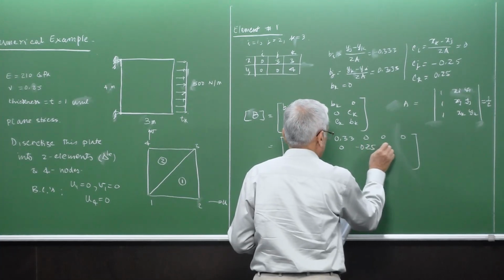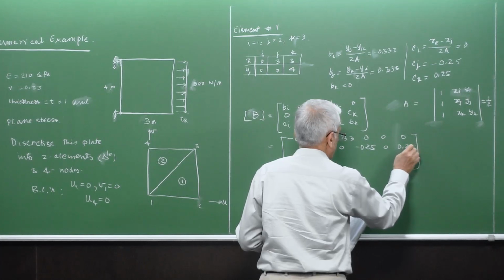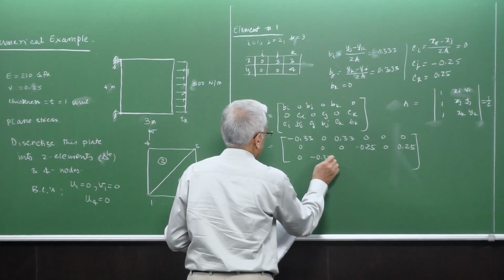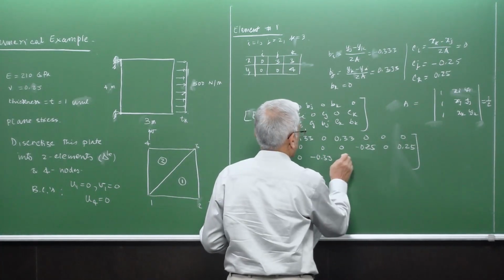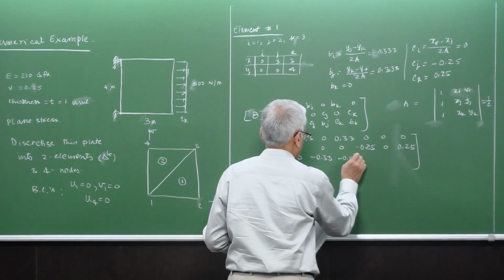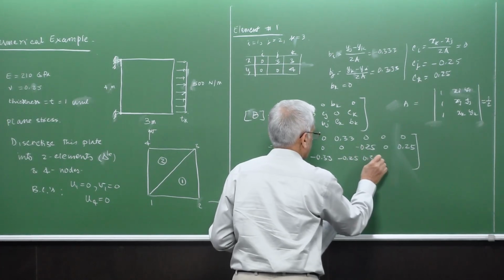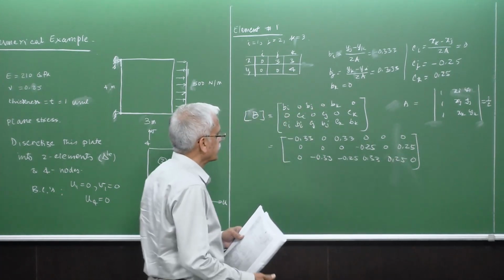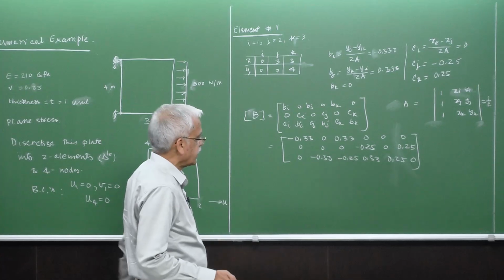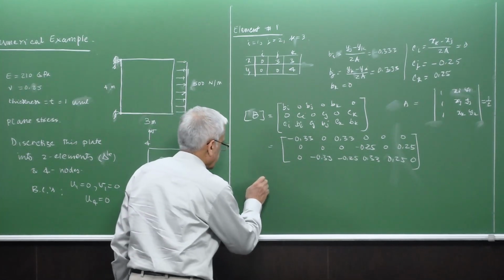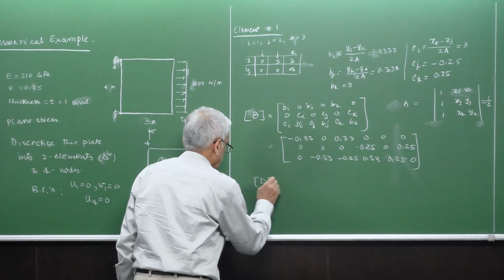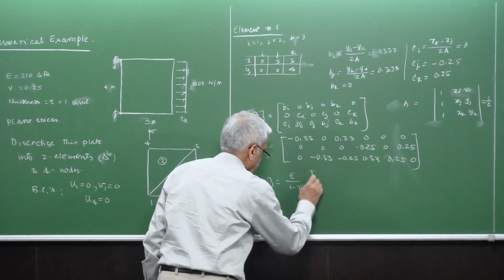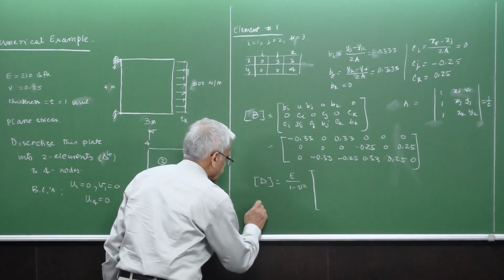Minus 0.25, 0, 0.25, ci, bi, and cj, bj, 0.25, 0. Okay, so this is the B matrix. And then what else we require is D, which is nothing but E by 1 minus mu squared, and this is for plane stress.